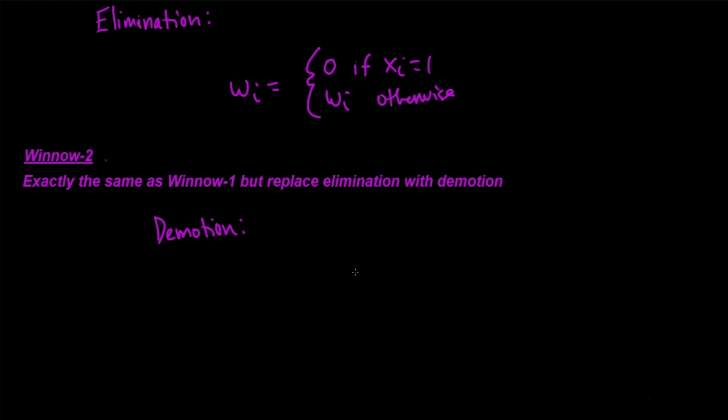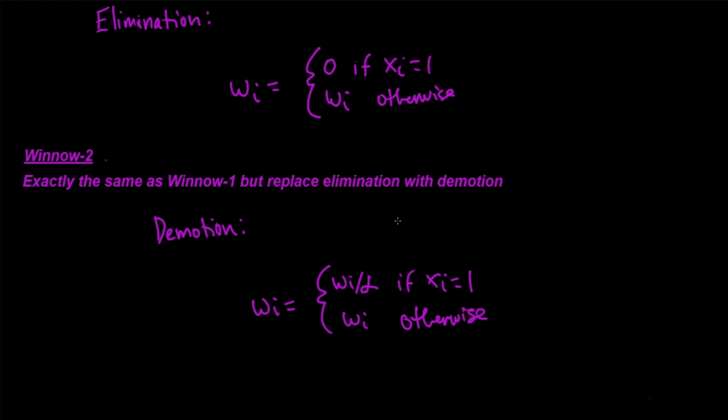So what is demotion? Well, it's another process of reassigning the weights, and it's a piecewise function. In this case, we're going to be assigning the weights to the weight divided by alpha if the feature associated with the weight equals 1, and we're going to be assigning it back to itself otherwise.